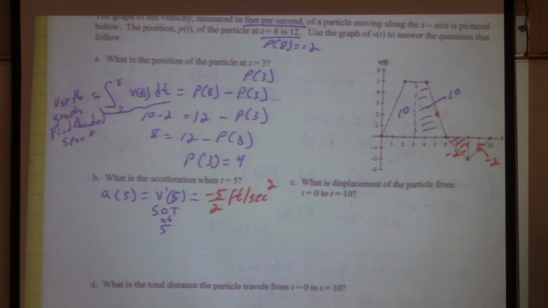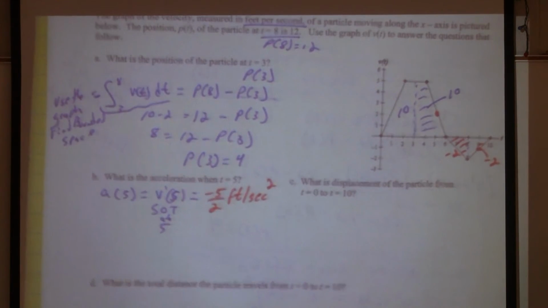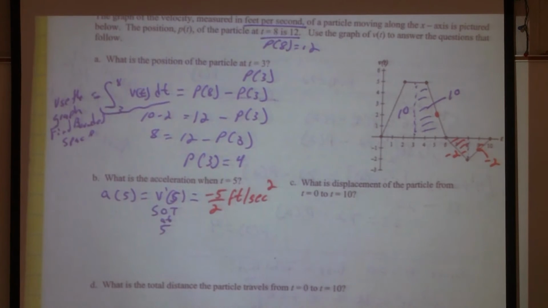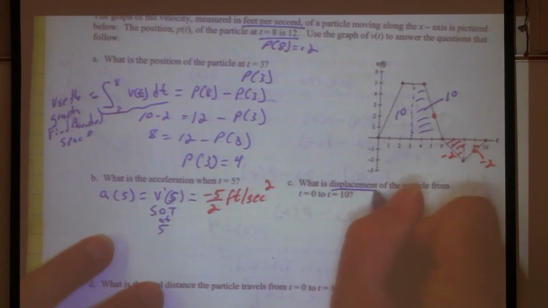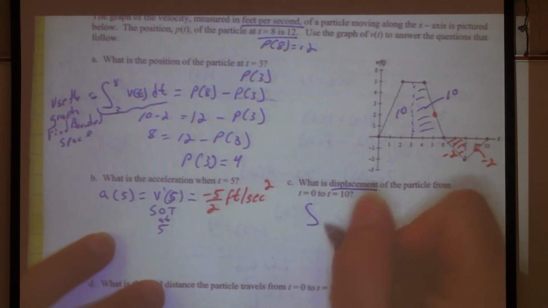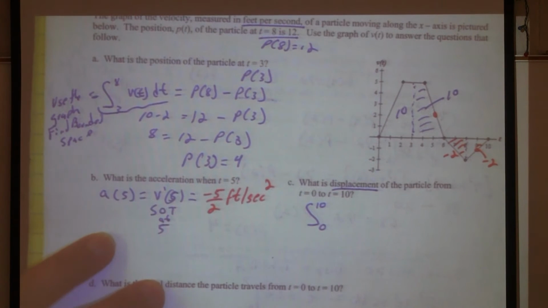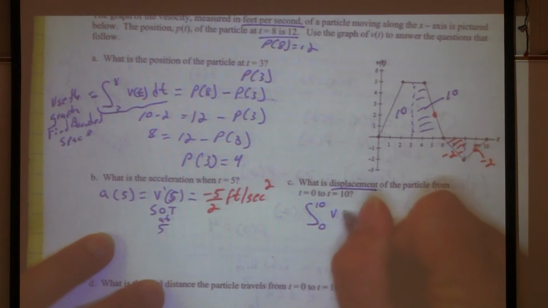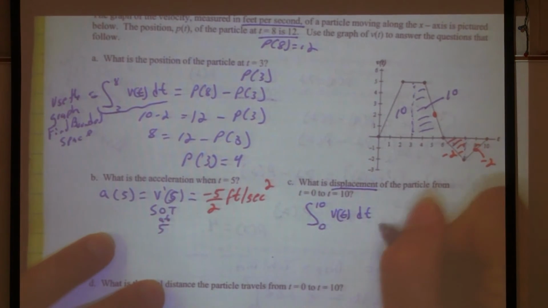Alright, part C. What do they want there? What is the displacement? So what do I need for that one? Do I need an absolute value on it? No, right? That one is just the integral, right? So set up your integral, because they're going to want to see the setup. So it's the integral from where to where? 0 to 10 of the velocity function.